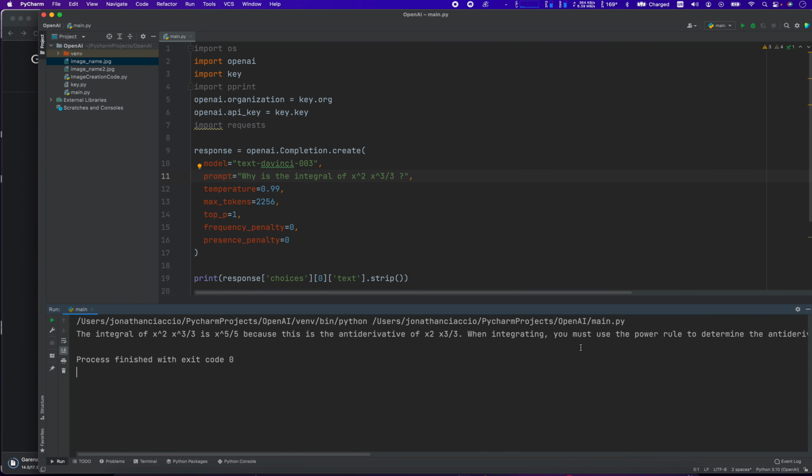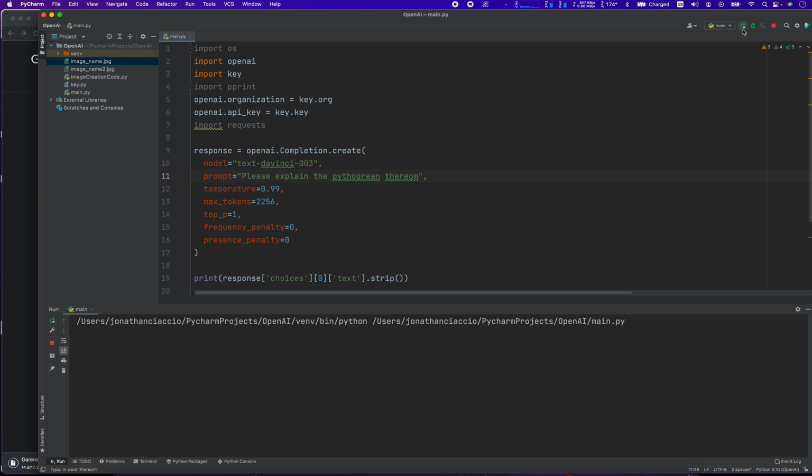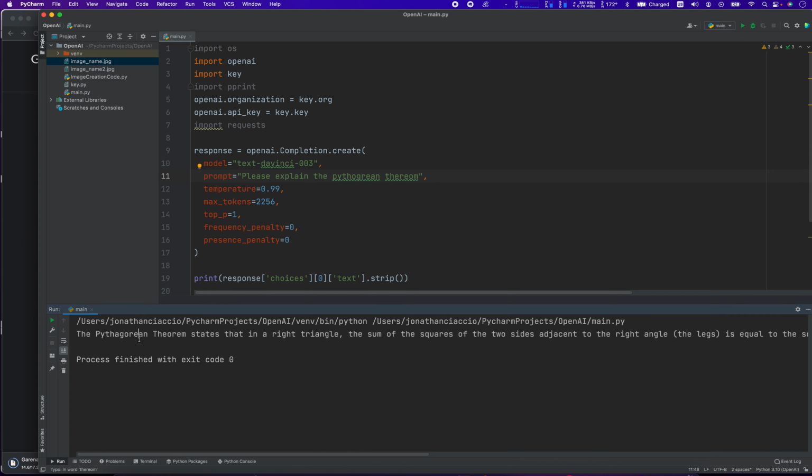Interesting. Maybe we can ask it some other things like, please explain the Pythagorean theorem. I don't know how to spell it. Gosh, it's embarrassing to misspell these things.